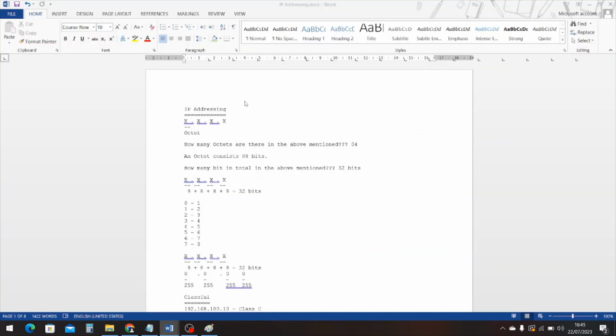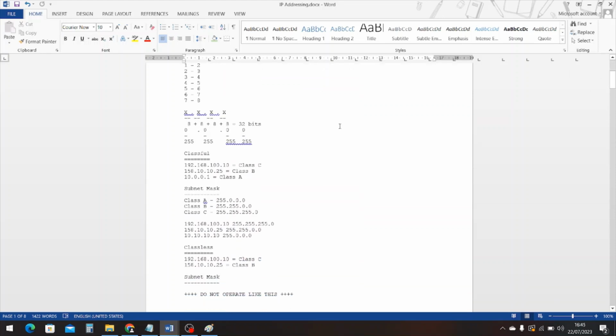So I have a small writing over here. This is what I spoke of now. Classful is what I spoke of now. You need to be in that particular range, and that particular range is associated with that particular class. That's how it's going to work.